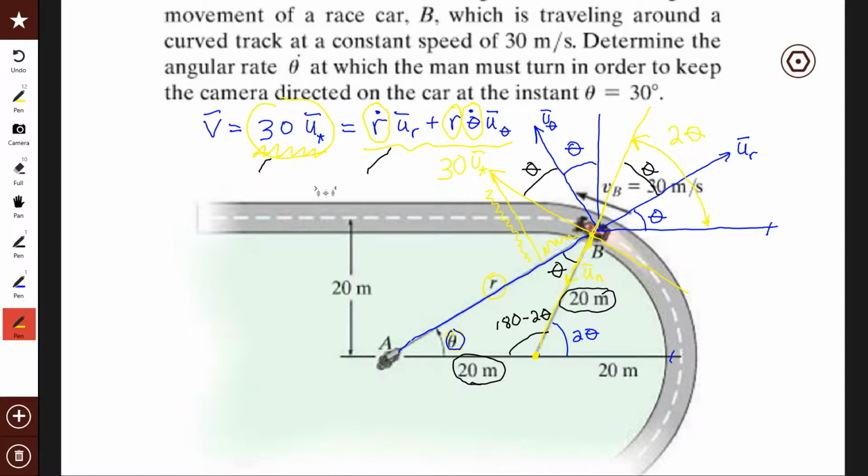Okay, so if this angle, the black angle, is theta, this one here is theta. So what I have is the component along the UR is going to equal 30. That's the magnitude of the force. Let me put it in black so you can see here.